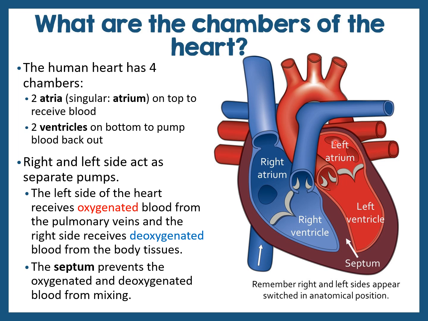And the left atrium will receive oxygenated blood from pulmonary veins. And then there's going to be this septum or wall that will prevent the oxygenated blood and the deoxygenated blood from mixing.